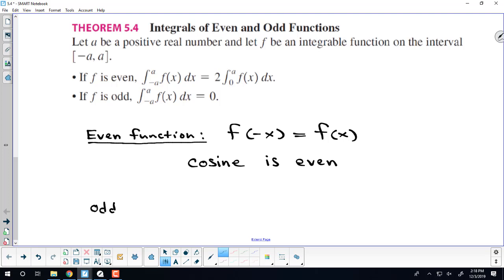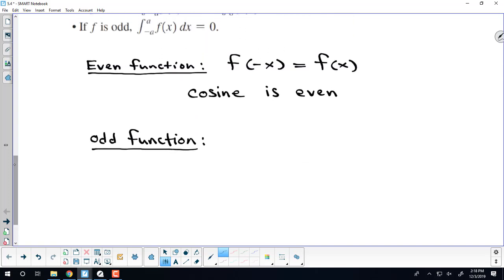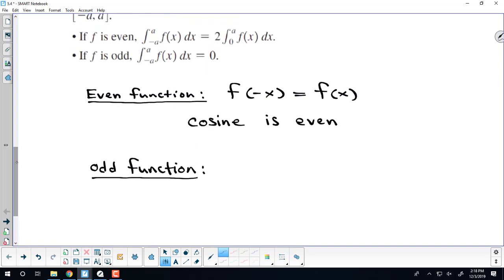An odd function. Does anybody remember how to determine if a given function is odd? Yeah. f of negative x is the opposite of f of x.